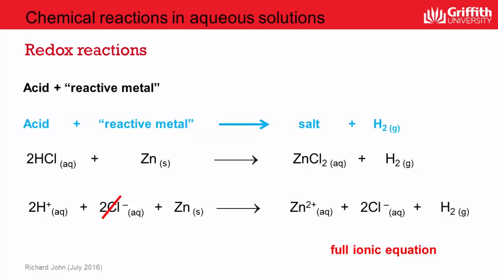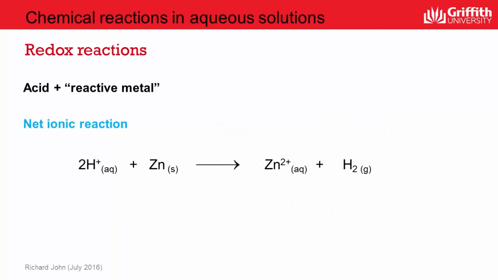We can see here that the chloride ions on the left-hand side undergo no physical or chemical change compared to on the right-hand side. So the chloride ions are spectator ions, and we can cancel them out to get the net ionic reaction, where we've got 2H+ ions reacting with metallic zinc to produce the Zn2+ ion plus hydrogen gas.